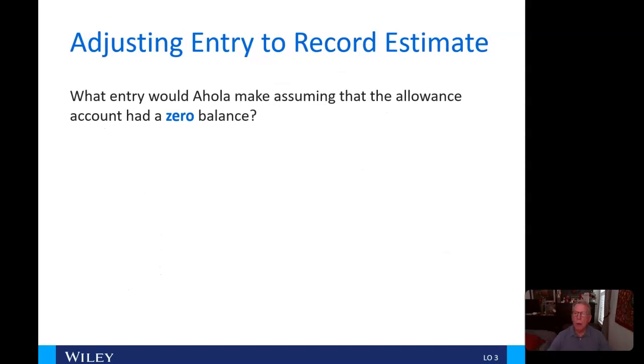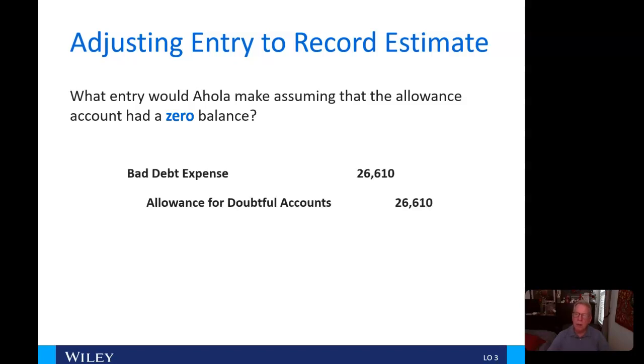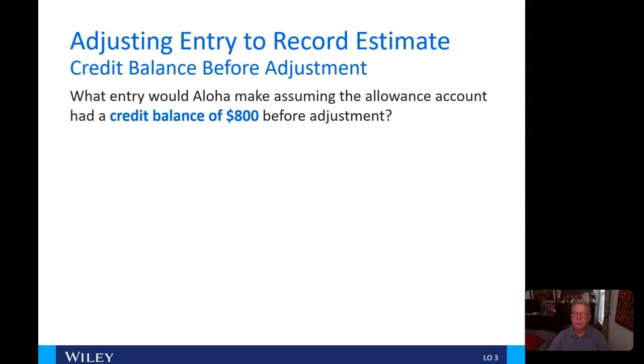All right. So what entry are you going to make? Assuming the allowance had a zero balance, pretty easy. We're going to debit bad debt expense here for 26,610 and credit the allowance for doubtful accounts for 26,610. Now, what entry would you make if the allowance account had a credit balance of $800 before adjustment?